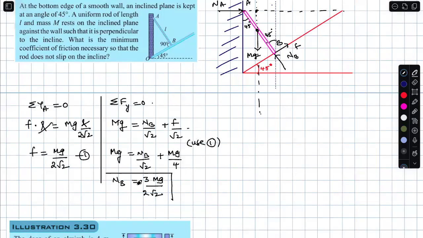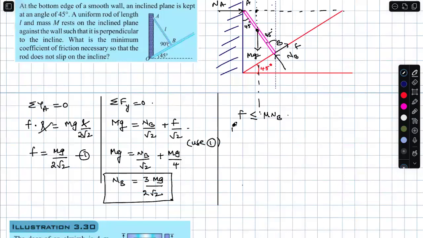I have given you NB. I have given you friction. Any doubts? Any doubts till this point? Sigma Fi is equal to 0. What do you want basically? You have NB. Very simple. Your F must be less than or equal to mu NB. That's the condition.